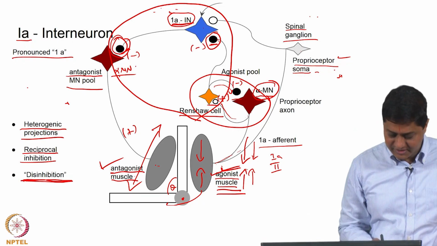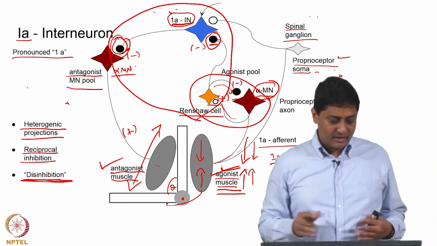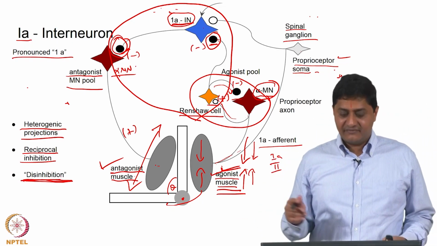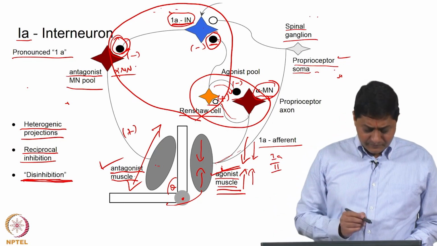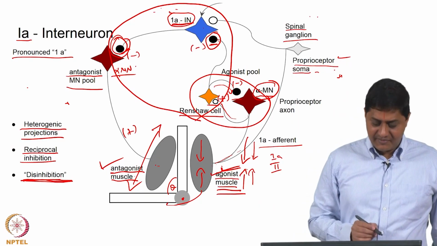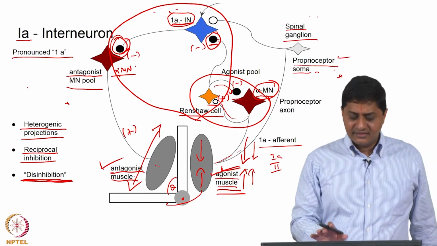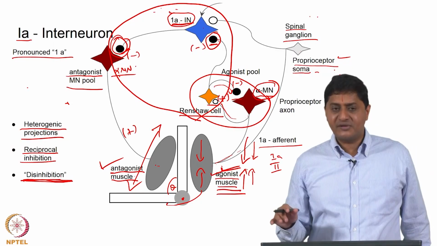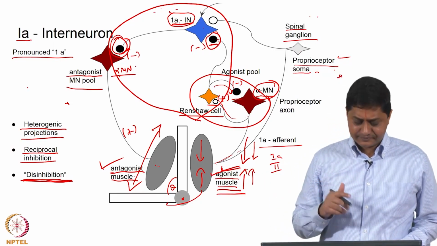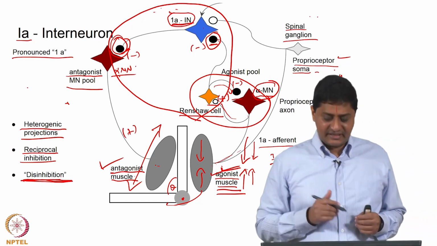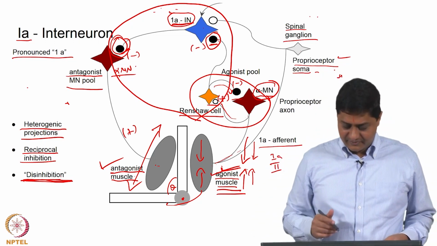Very important terminology, this disinhibition. We will discuss this in great detail when we discuss brain structure, especially basal ganglia. This is happening in the spinal cord, but it also happens at several levels in the brain, especially in the basal ganglia. We will discuss this in greater detail later.